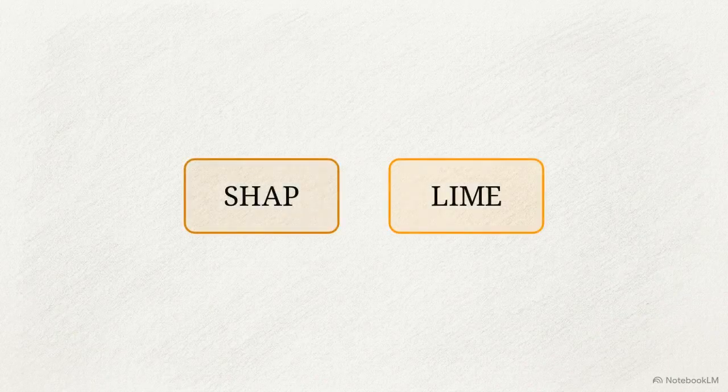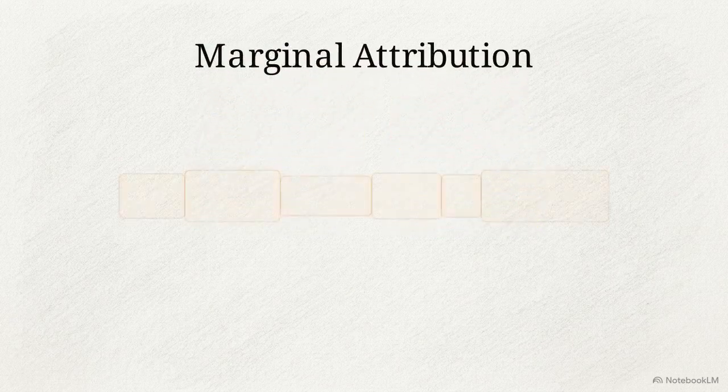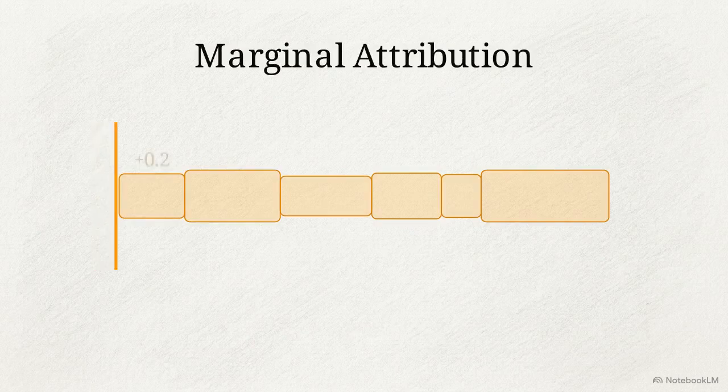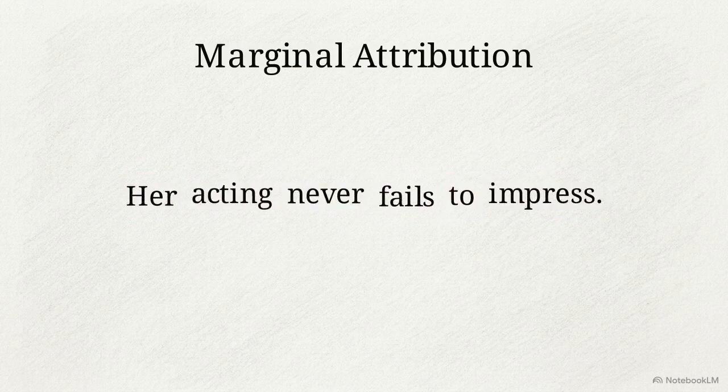A common baseline approach to model explainability relies on post hoc tools like SHAP and LIME. These tools use a technique called marginal attribution, which evaluates the importance of each input feature entirely independent of the others. This animated diagram illustrates a standard sentiment analysis task, where the LLM evaluates the phrase, "Her acting never fails to impress."